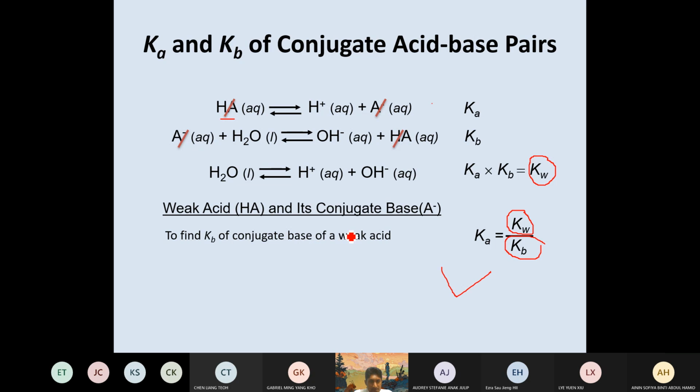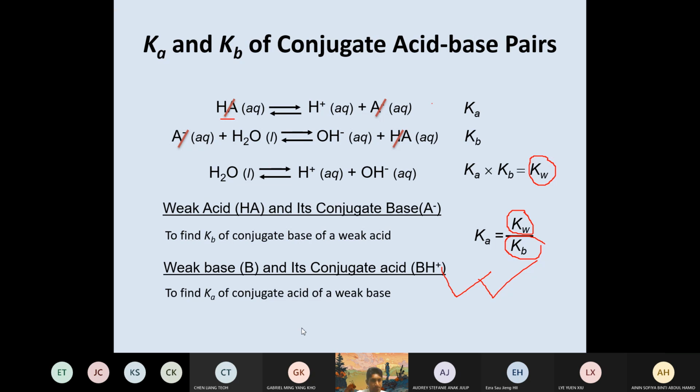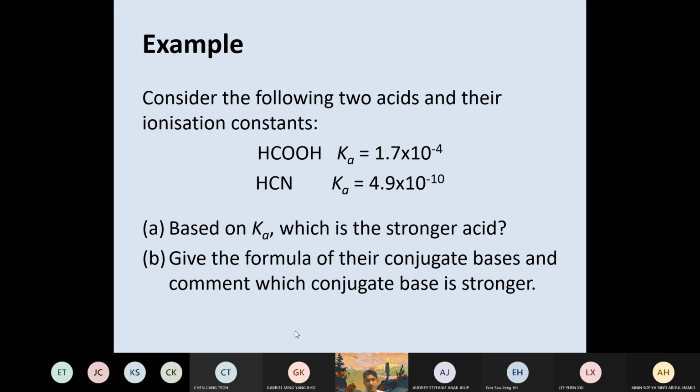This is important, please remember, because in the test you will probably have to do this. I will not tell you that Ka is given so please find the Kb and then use it. You have to understand how to find the Kb to use it in solving the problem.